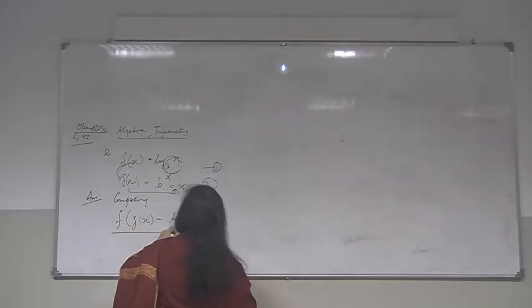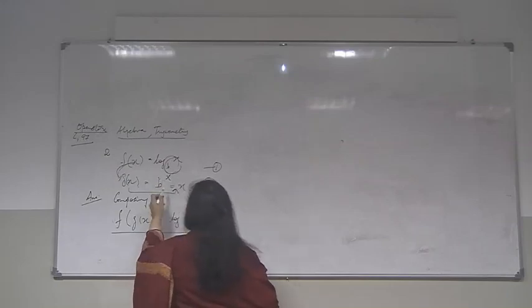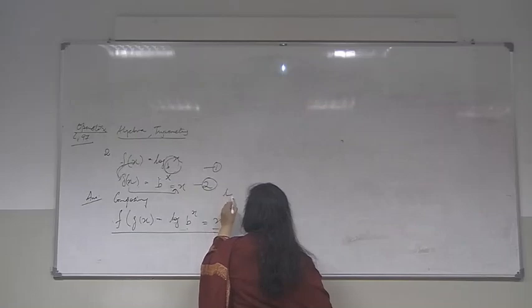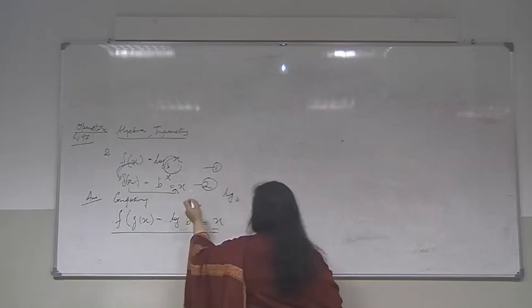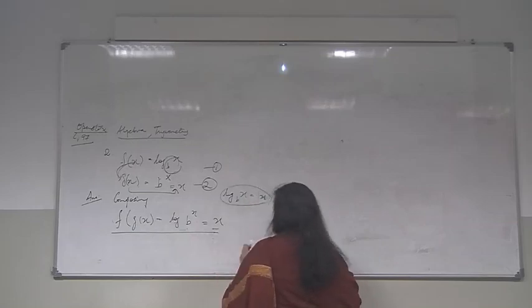g(x) would again be expressed as log_b x, because you can even write it as log to the base of b of x, which can be equal to some other value, either small letter x or n in any way.